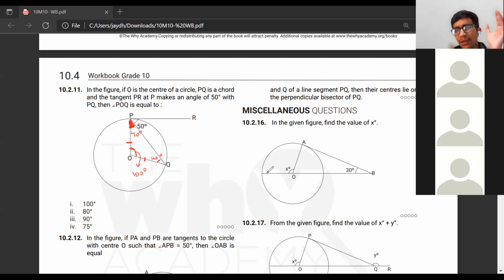So majorly for the angle questions, you have to use theorem 1, that the tangent is perpendicular to the radius. That's all. You'll be able to figure out everything after that.